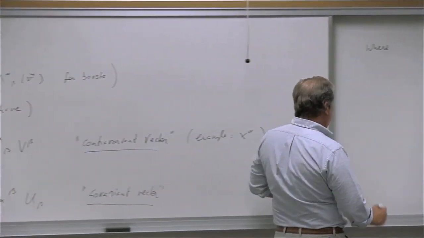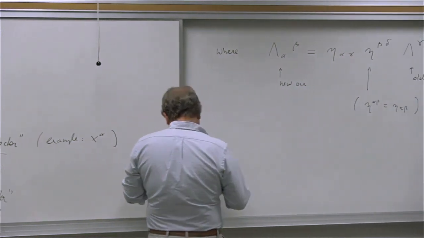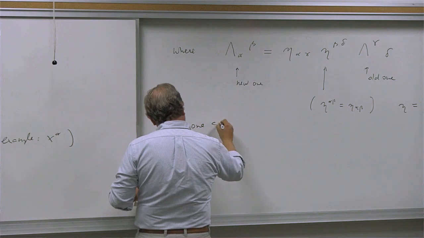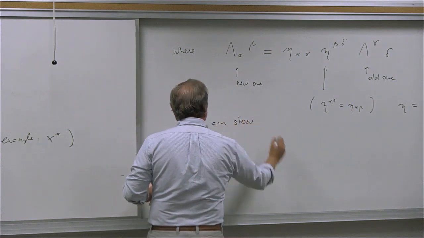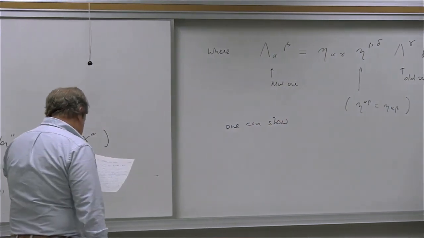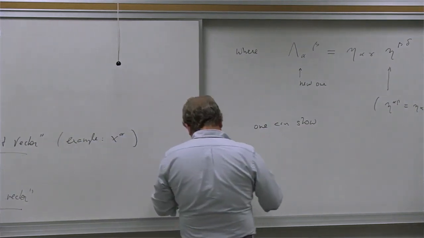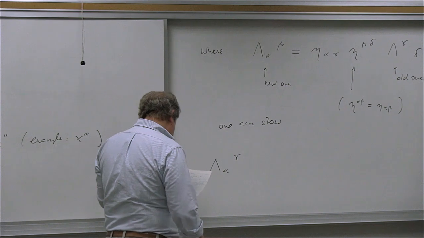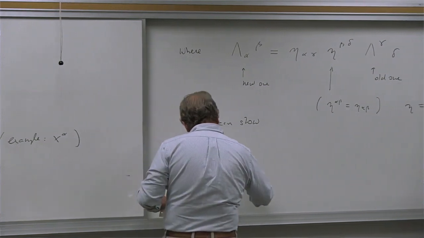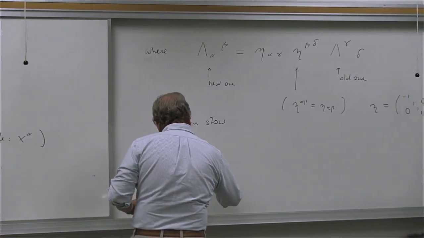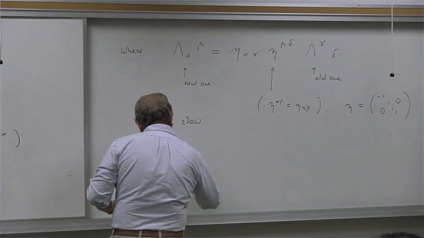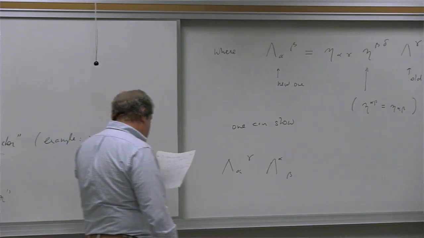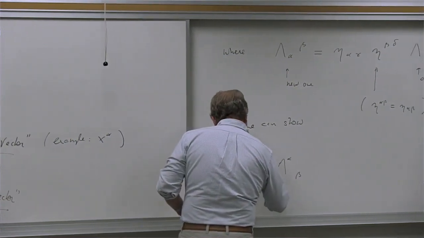Now you can show, right? One can do the following exercise, that lambda, so this involves a few indices, like lambda alpha gamma times lambda alpha beta, right? So you take this product and you sum over this index.